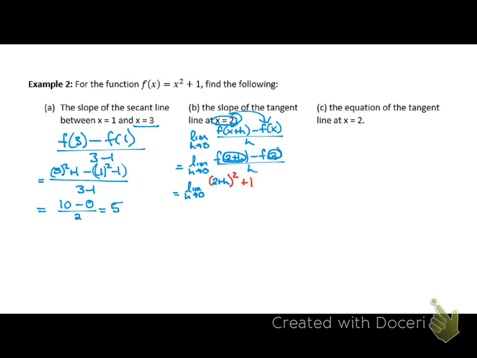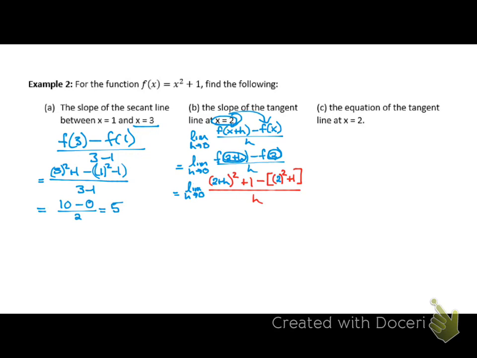And then I'm going to subtract f of 2, which involves plugging in 2. So I will have 2 squared plus 1 all over h. And now my job is just to simplify and keep simplifying until I get a number.